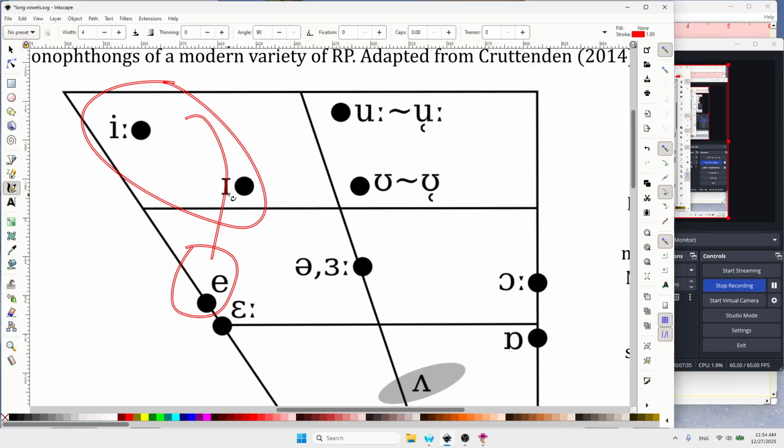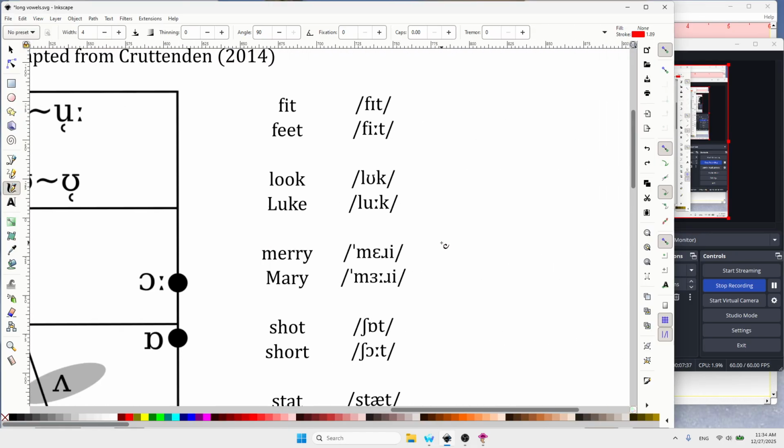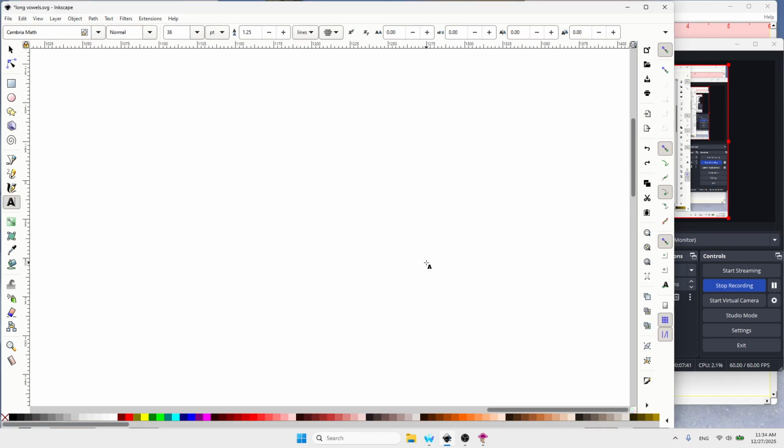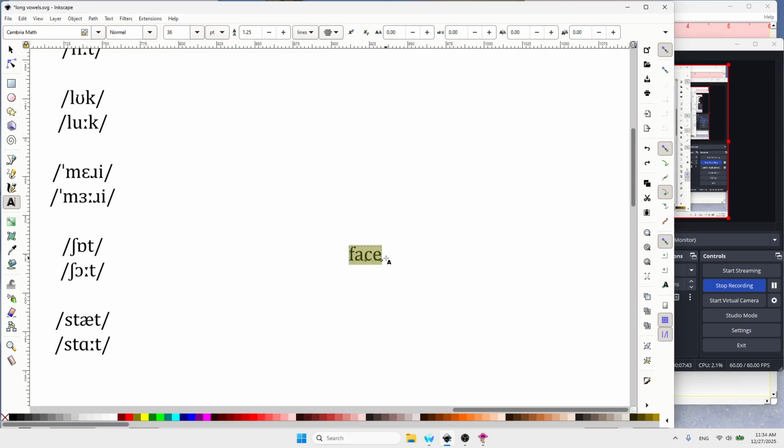The same thing with, what's a good example? Time versus the name Tim.